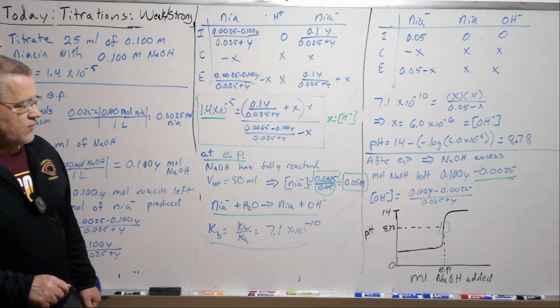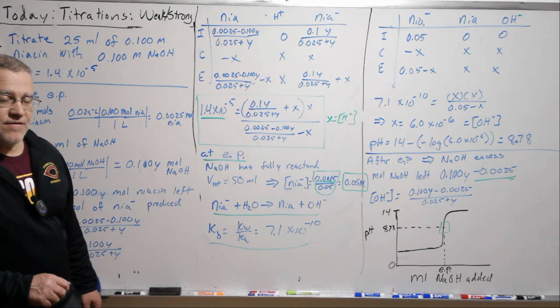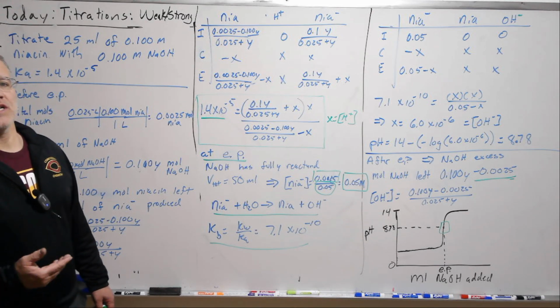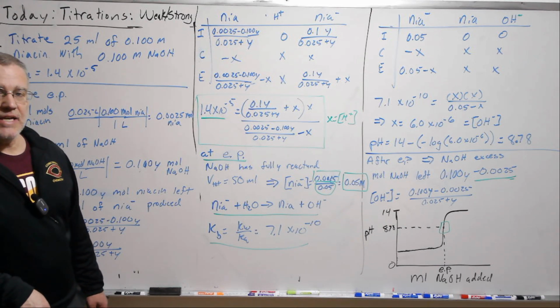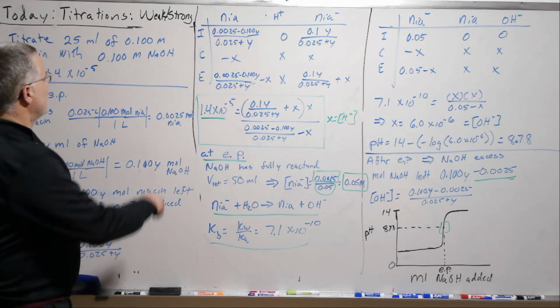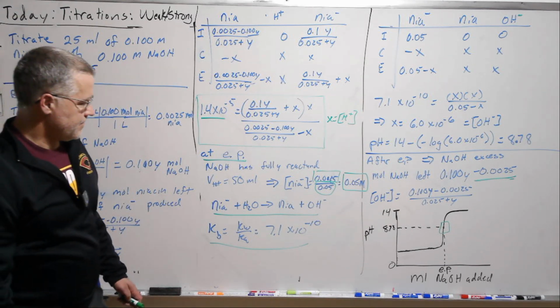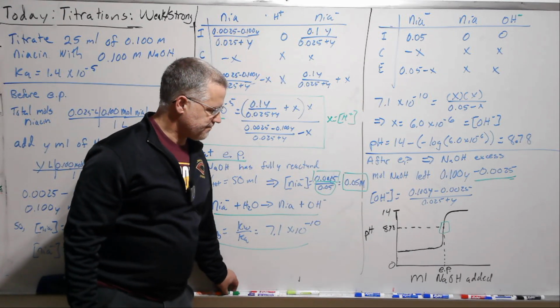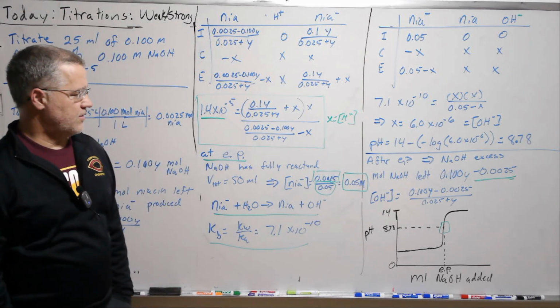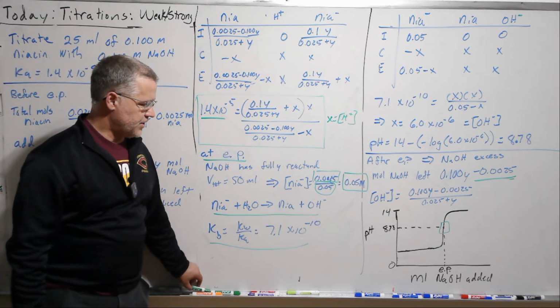So the equivalence point is at 25 milliliters of OH added, and the pH is 8.78. Then beyond that, we climb up to a high pH, peaking out at a pH of 13, which is what this would be if it was all alone. So when we're in big excess of our titrant, then we reach pH 13.